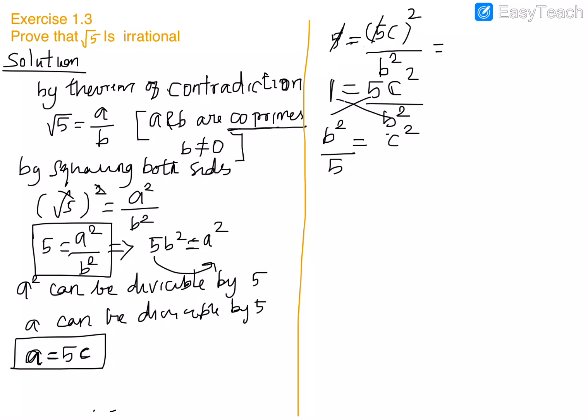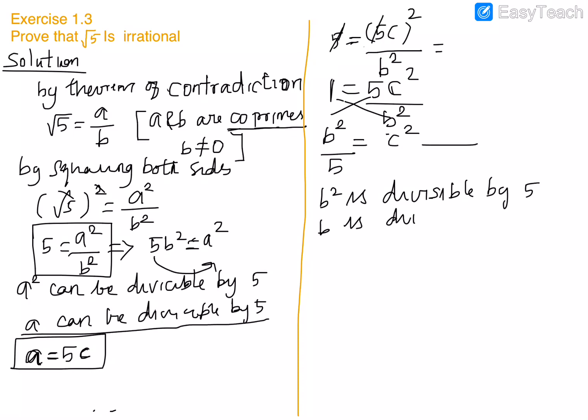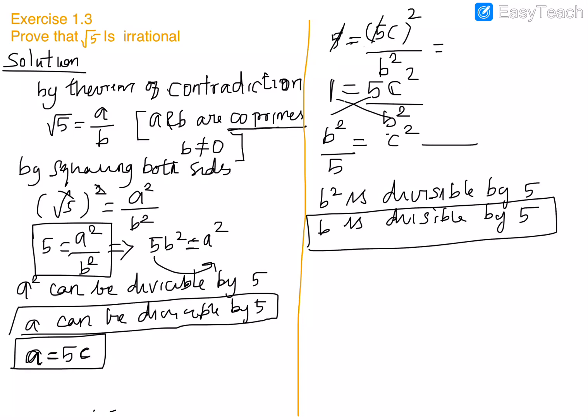From this equation, you can see b square is divisible by 5, right? So b is divisible by 5. Finally, we have b is divisible by 5 and a is divisible by 5. If a and b are divisible by 5, then 5 must be a common factor between these two numbers.